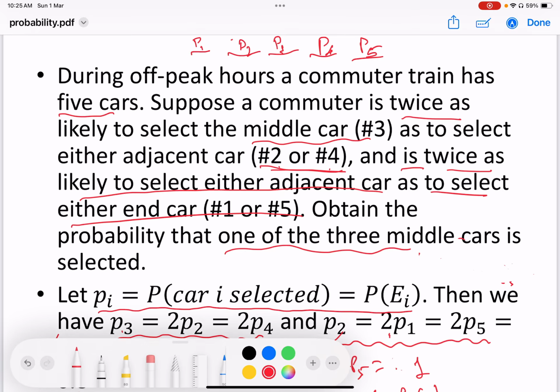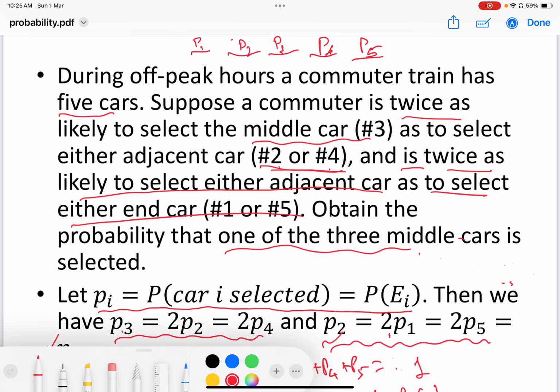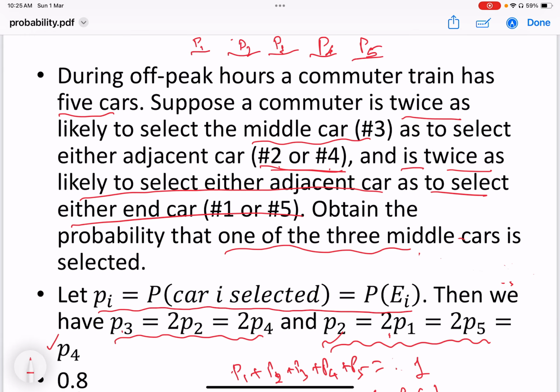So it says, suppose a commuter is twice as likely to select the middle car, that is car 3, as to select either adjacent car 2 or 4.